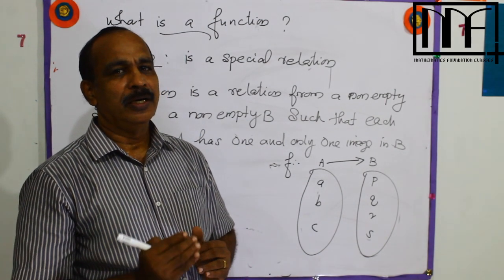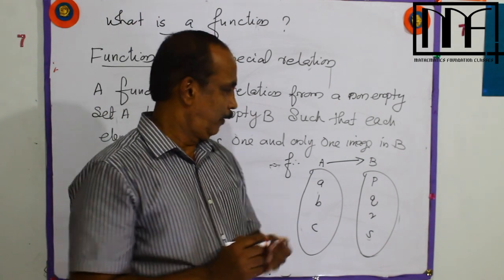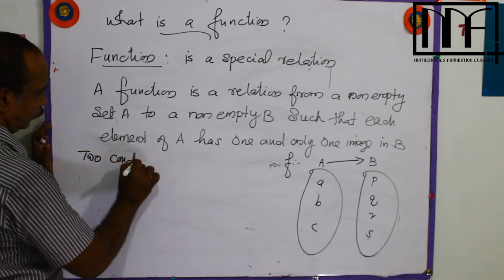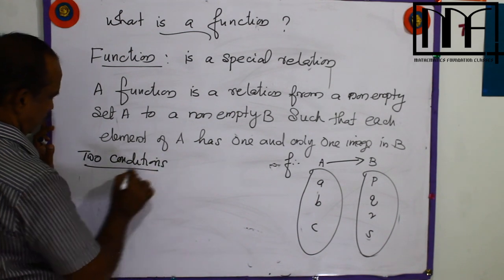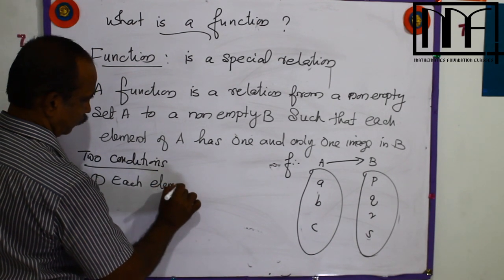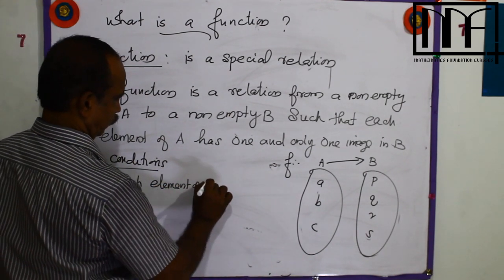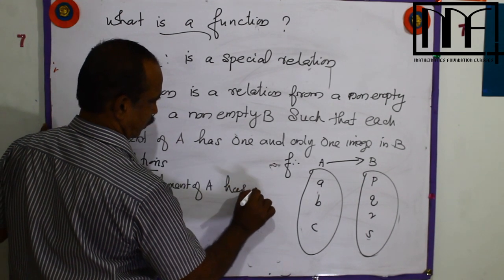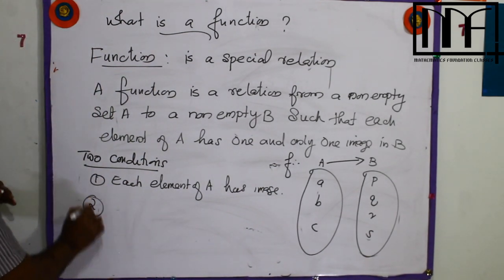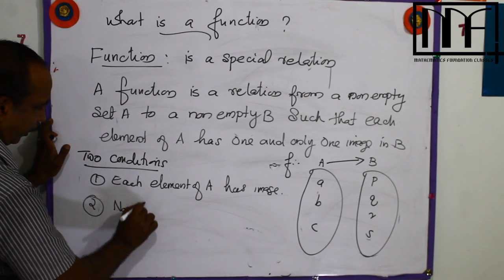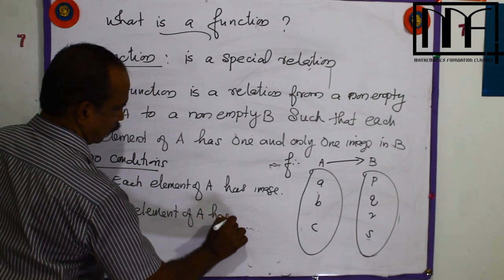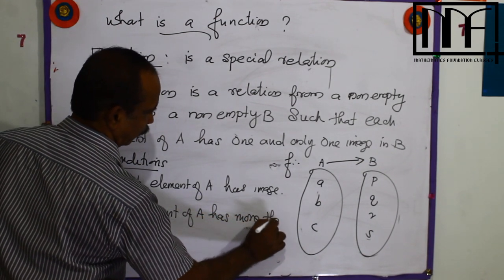Each element of A has one and only one image in B. So these two conditions should be satisfied: each element of A has an image, and no element of A has more than one image.